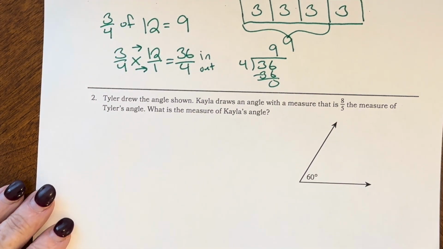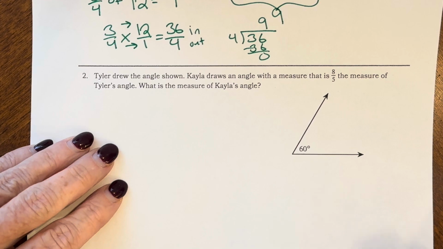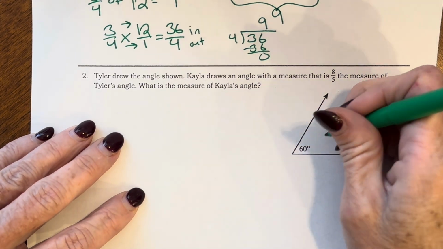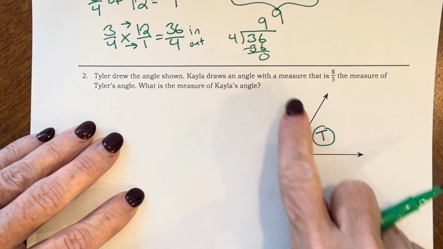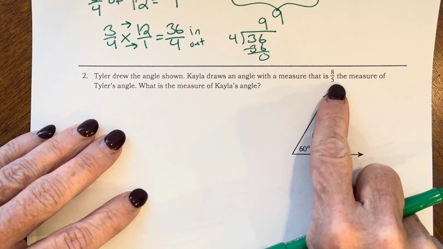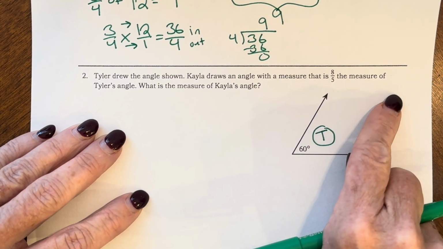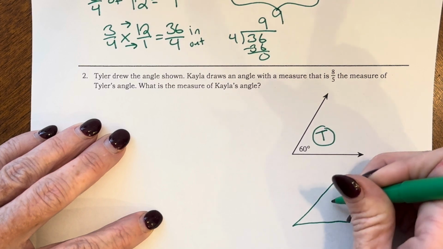Okay, number 2 says, Tyler drew the angle shown. Okay, so this is Tyler's. I'm going to label it. Kayla draws an angle with a measure that is 8/5 the measure of Tyler's. Okay, so we don't know what Kayla's is.